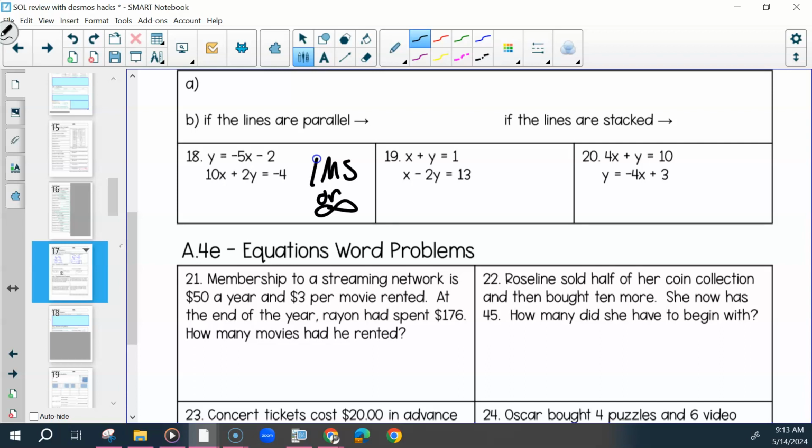What other questions do we have? 21. So A4E, number 21.